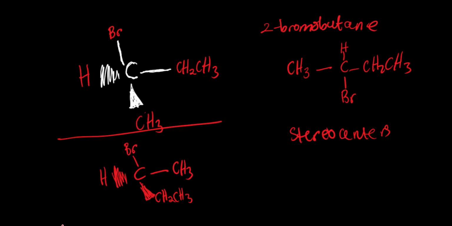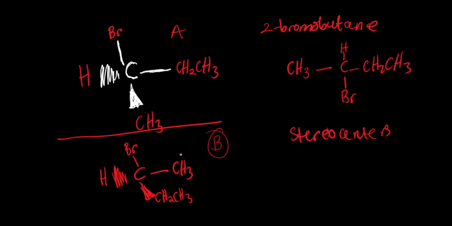Now, having been given these two structures, structure A and structure B both have the name 2-bromobutane. So how exactly are we able to differentiate?